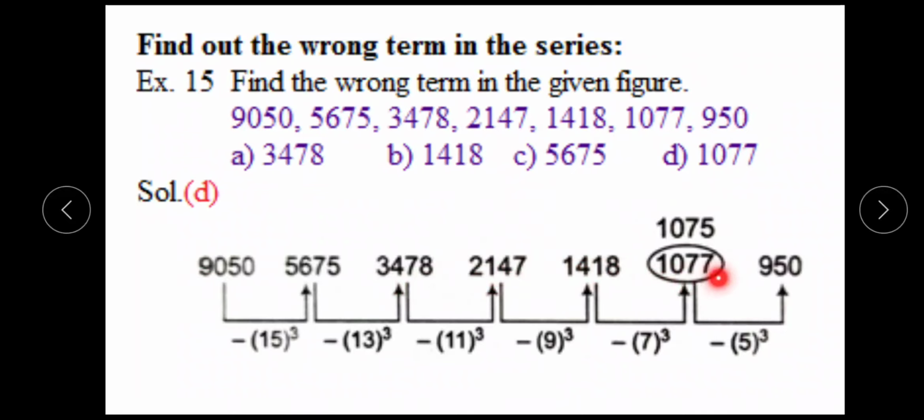Okay, the question is this. Now we will find out the gap between the first two terms, and that is equal to the cube of 15. If we get the gap between the second and third term, the gap is equal to the cube of 13.